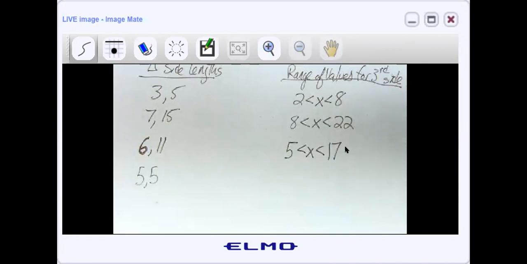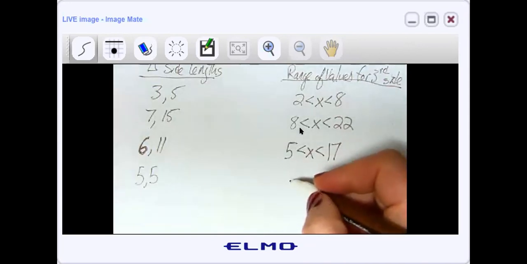All right, let's move on to, did Kira leave? Yeah, she did. All right. Lyric. What would the range of values for the third side be if I have 5 inches and 5 inches? It would have to be bigger than what?